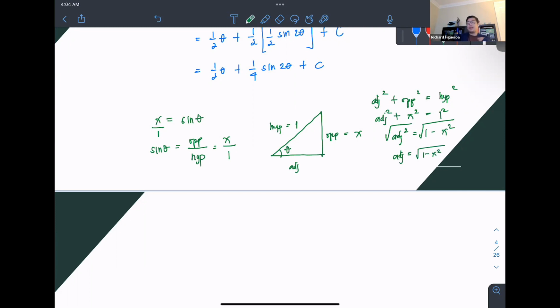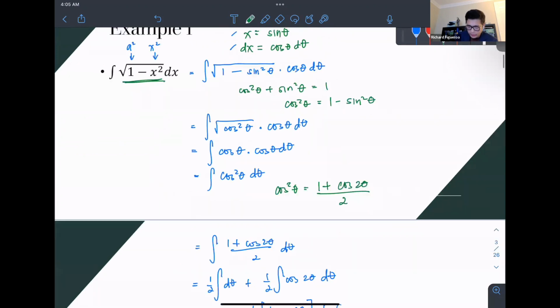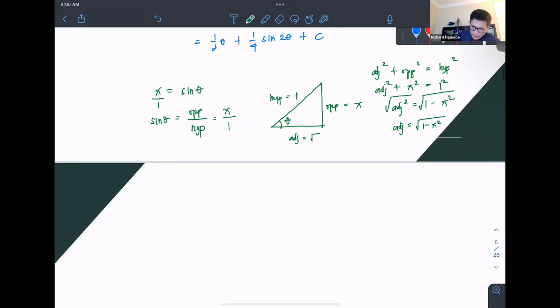Actually, if you follow the process, the remaining side will always be the given. That's why we substituted x to sine theta. Every time we do that, the remaining side will always be the given, so 1 minus x squared.